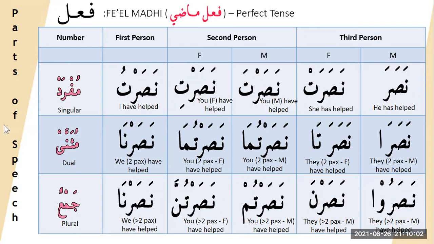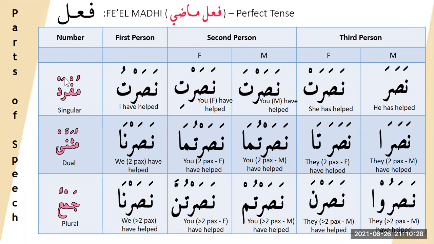Okay, now you can see there are 5 columns, 1, 2, 3, 4, 5, and there are 3 rows. So 5 times 3, there will be 15 different verb forms. You have first person, second person, male and female, third person, male and female.